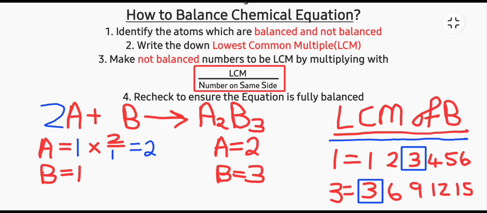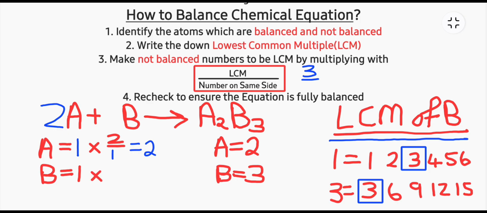Now that 3, I'm going to take it up there for the LCM over the number on the same side. Now number 3: make the unbalanced numbers to be the LCM by multiplying with the LCM over the number on the same side. So I'm going to multiply with the LCM over the number on the same side.